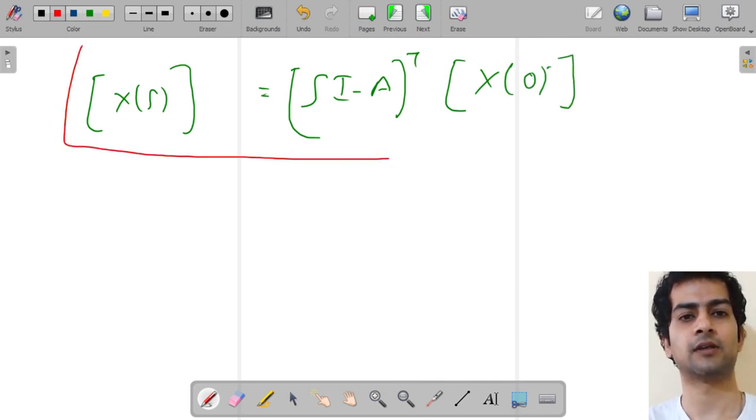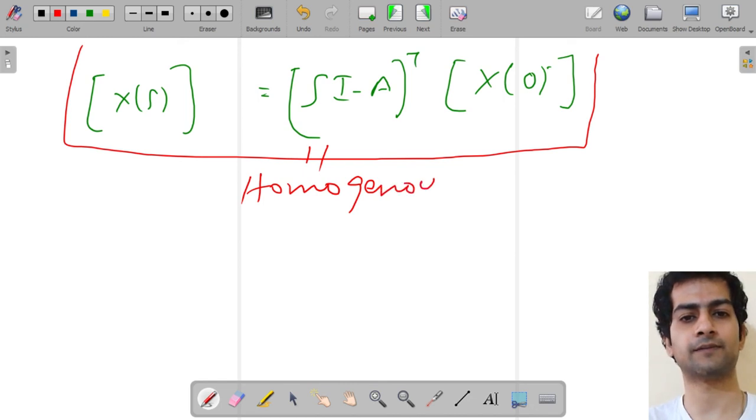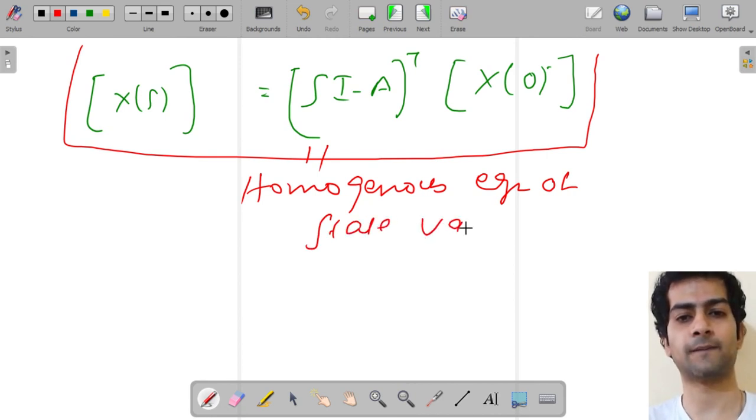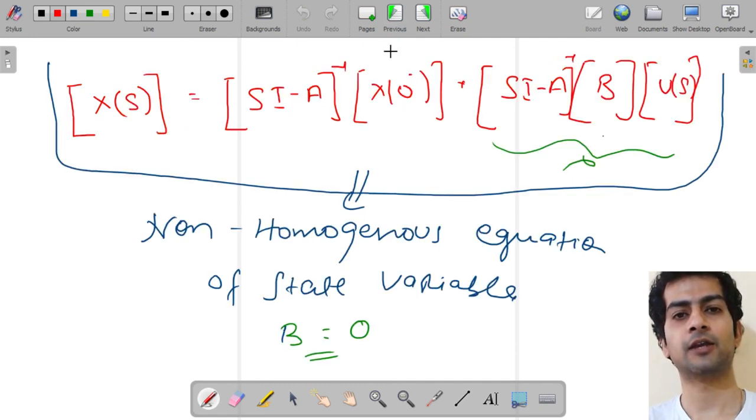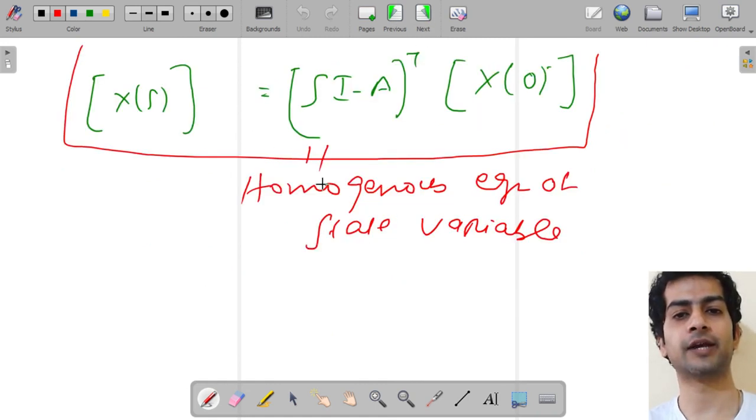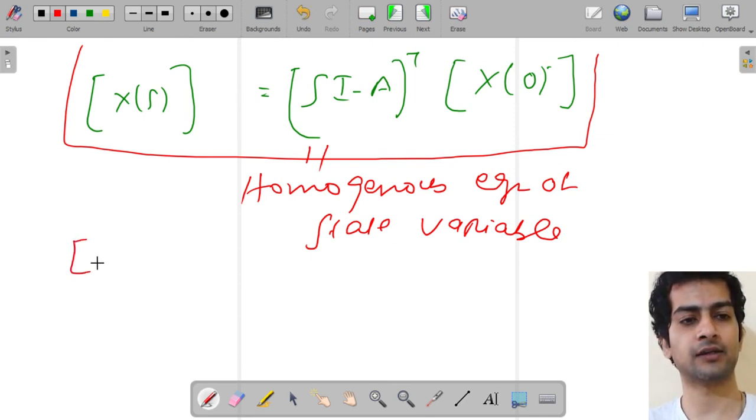Now this equation is known as the homogeneous equation of state variable. And how are we getting it? If we put B equal to 0 in the non-homogeneous equation of state variable, then we get the homogeneous equation of state variable.